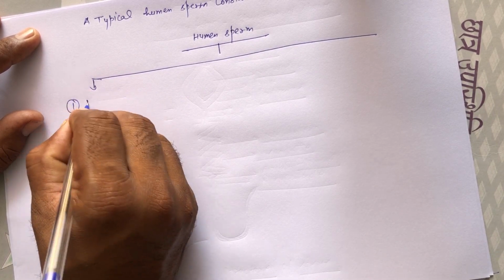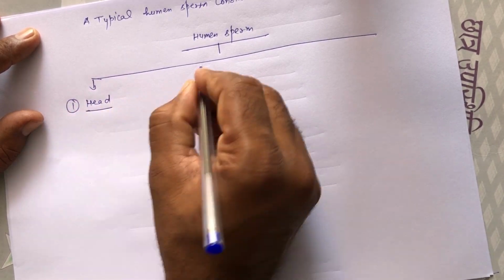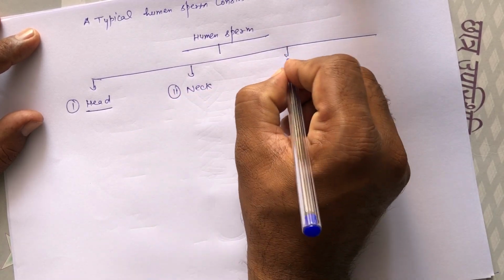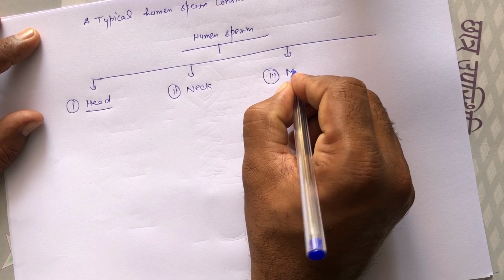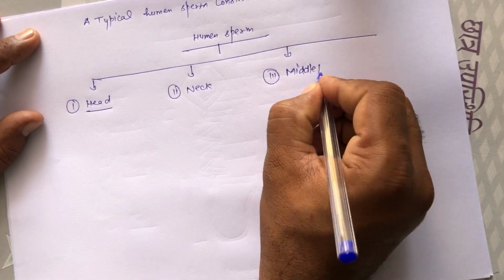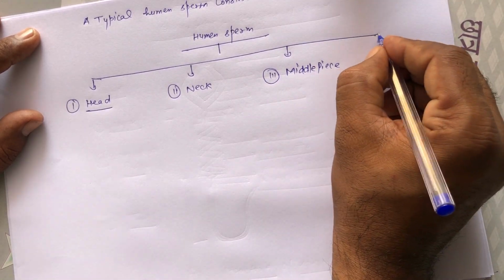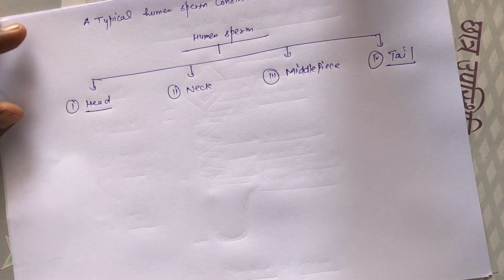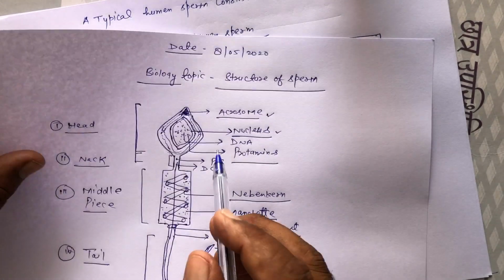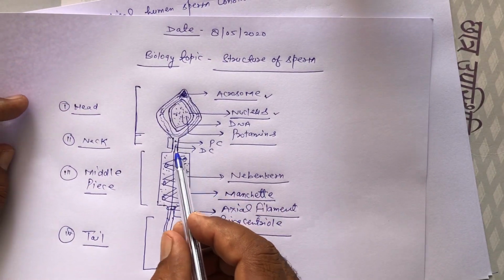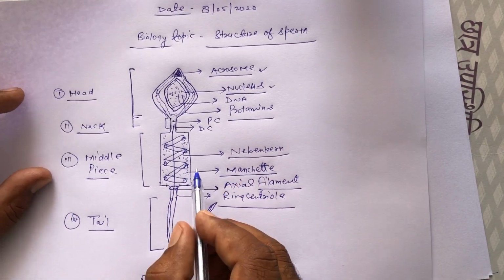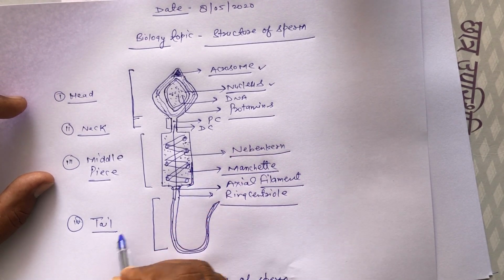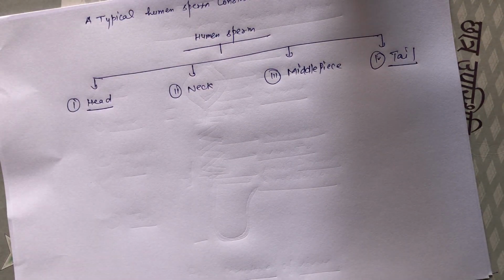First is the head, second is the neck, third is the middle piece, fourth is the tail.